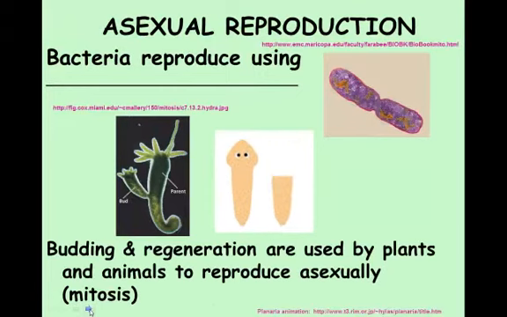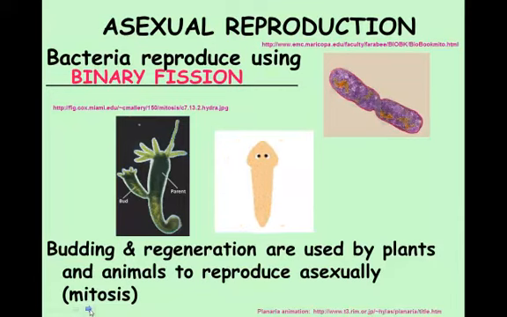If you think about asexual, using the genetic code from one parent, when bacteria reproduce using binary fission, it really is a kind of asexual reproduction. The genetic code is coming from that parent bacteria, we copy the DNA, pinch in the middle, and we're making another bacteria cell that has the same genetic code as our parent cell.